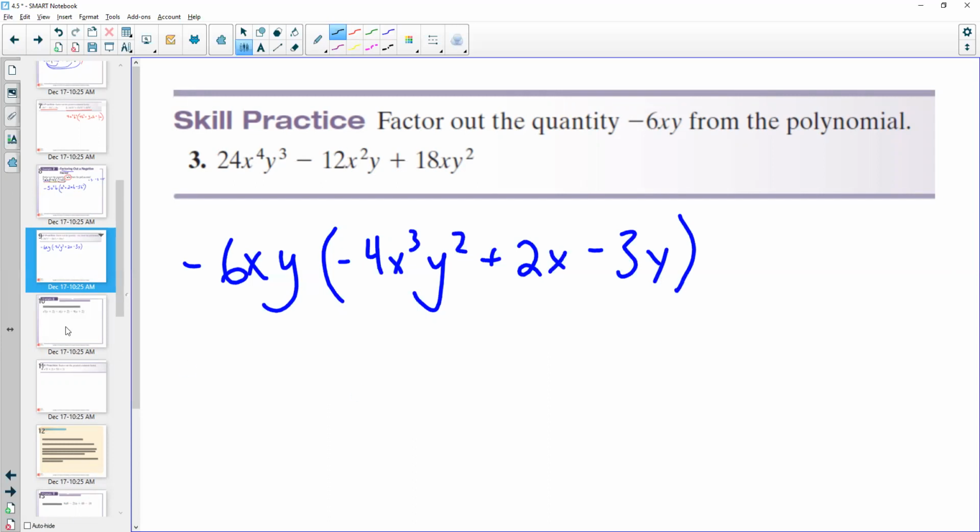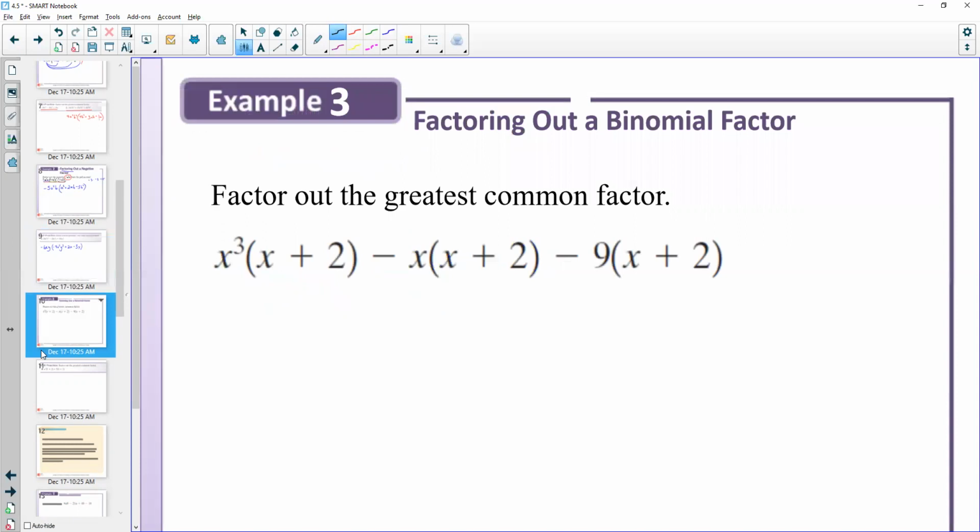The second part of what's in here is factoring out a binomial factor. This looks much scarier than it actually is, right? Here's the thing. When you're factoring out a common term, you're really just looking for what's common. So let your eyes look here. What's common? This, right? This x plus 2. This is a thing. Okay?